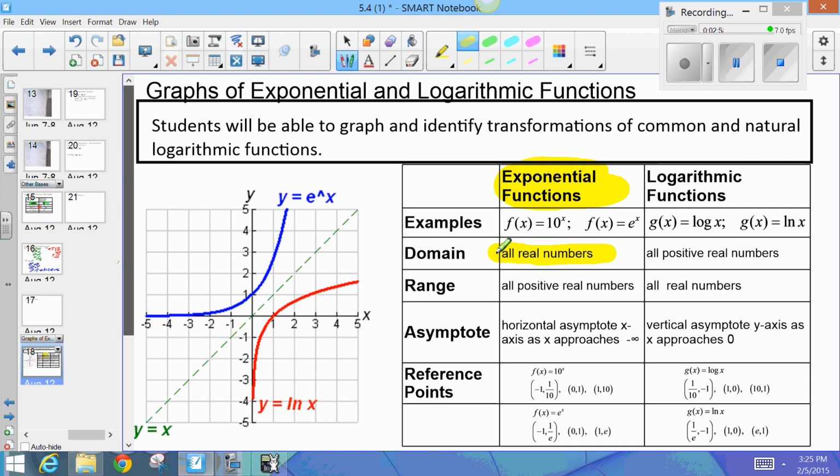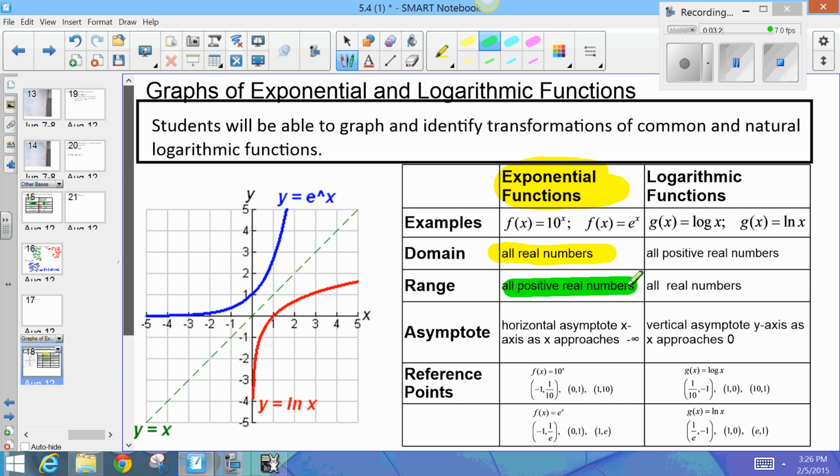The range is the y values. Let's look again at the graph. y can never be negative. The entire blue graph is on the top half. It is never a negative number because e is positive. No matter what power you raise it to, the answer will always be positive. So the range is all positive numbers.